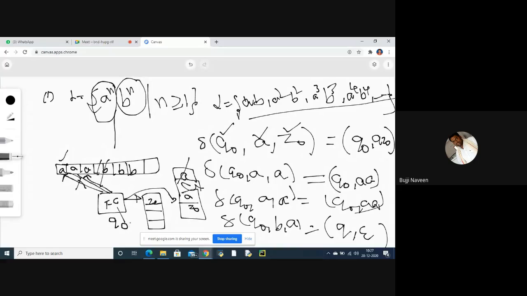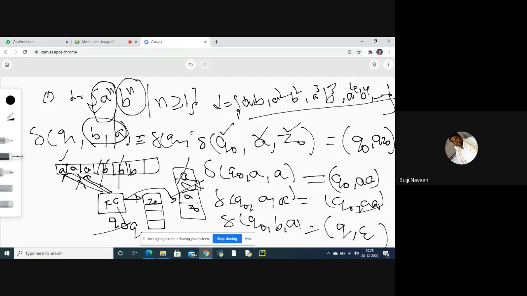Now the state is in q1 only. Next production: delta of q1, comma b, comma a is equal to q1, epsilon. Again we have the input b and the top of the stack is a. We need to remove the top symbol again.